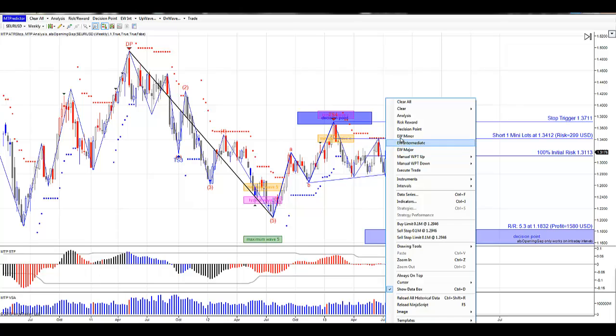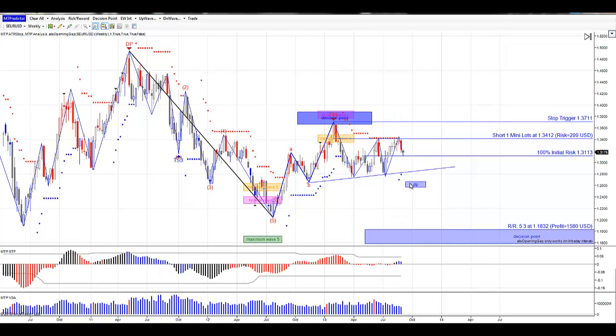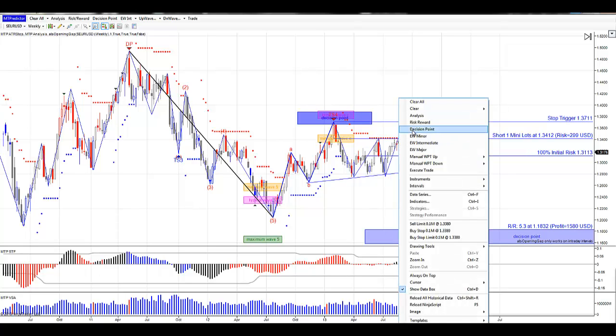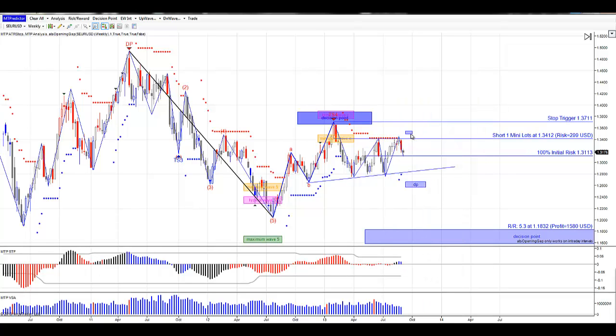But your next weekly support, let's just take a DP off here. We'll call that 126.75 at the next weekly resistance, sitting around that 134, 135 we'll call it.